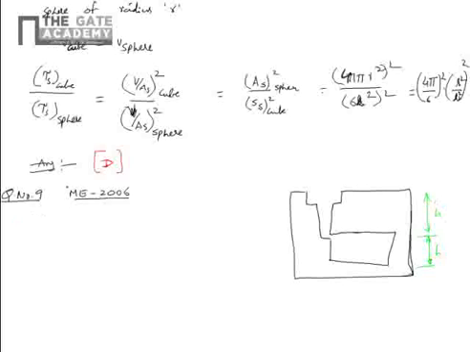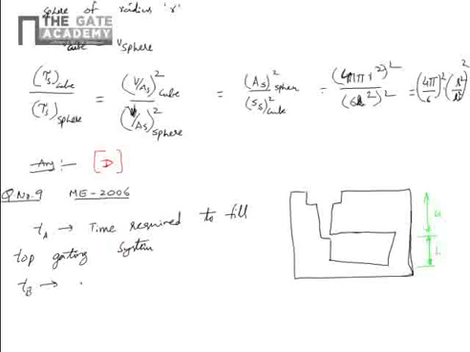For this velocity, time required TA is the time required to fill the top gating system. TB is the time required to fill the bottom gating system.